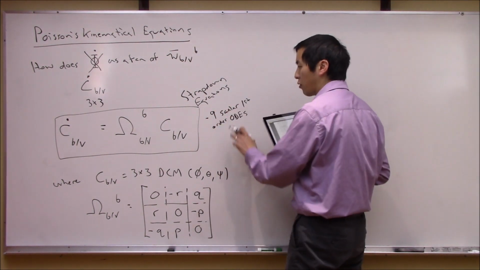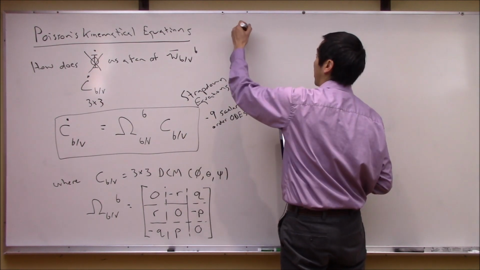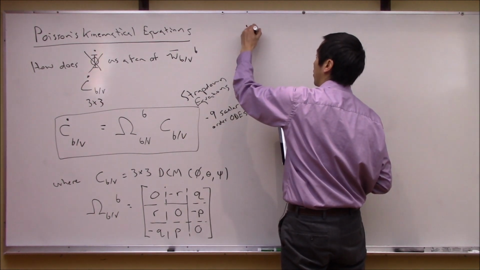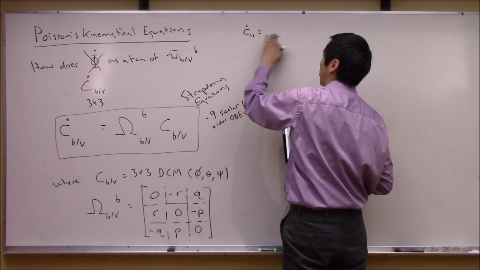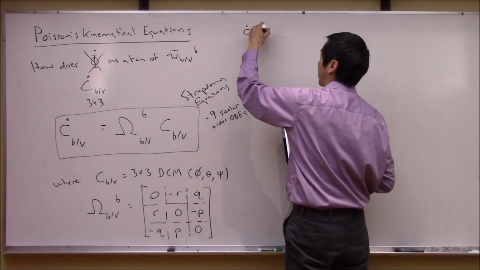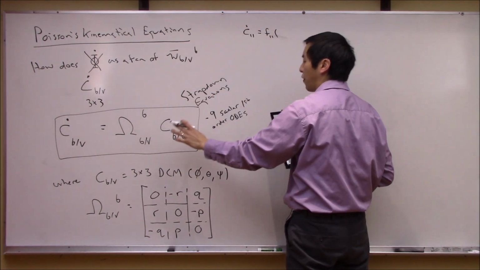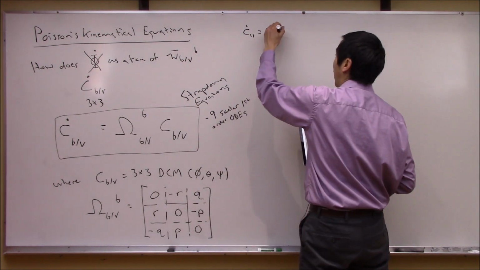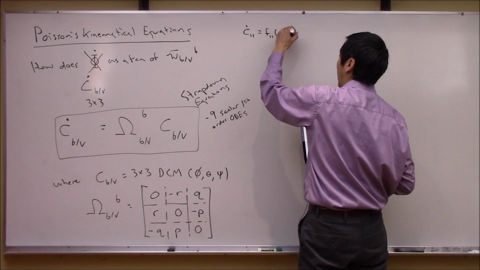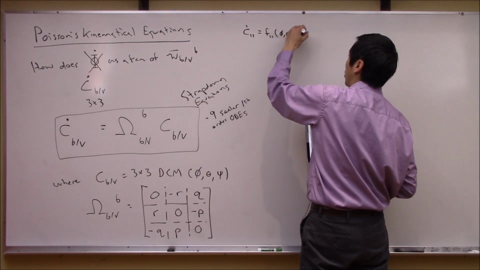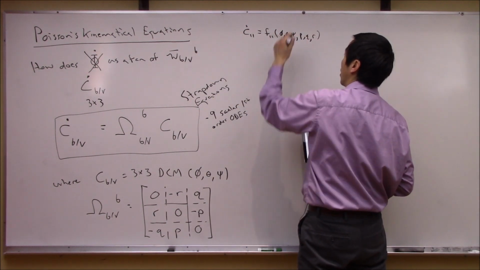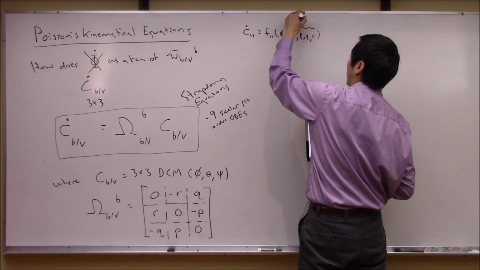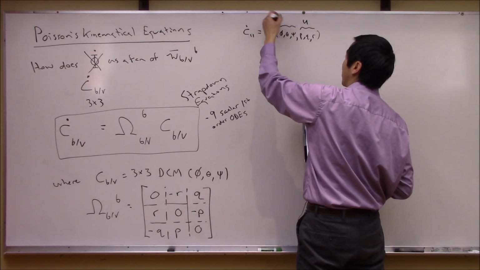The benefit, right, is you could write this down as C11 dot is some function, let's call it F11, and the function is going to be a function of the Euler angles, phi, theta, psi, and it's going to be a function of P, Q, and R. These are your inputs, and these could be considered like your states.